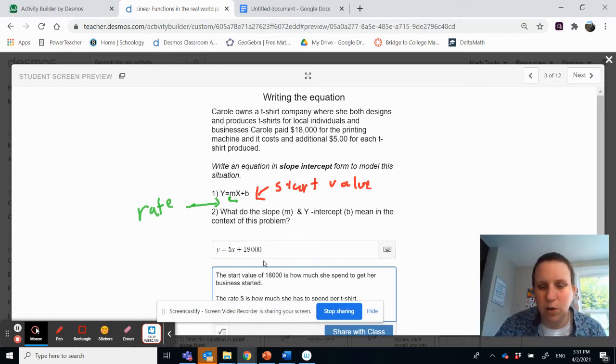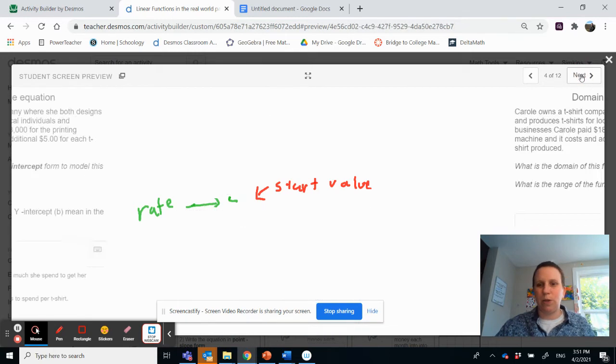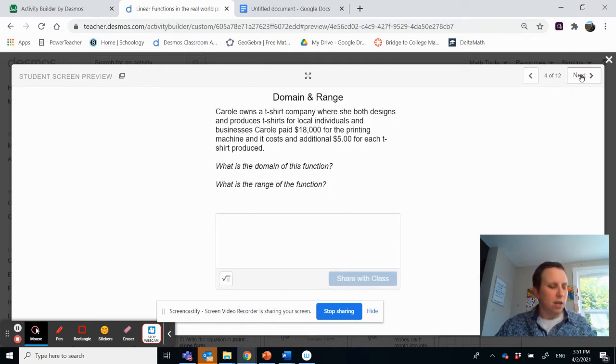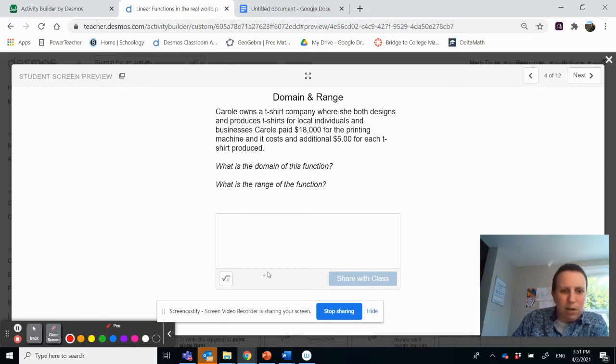So we're going to use this equation to make a graph. Before we do that, we're going to take one step back. We're going to think about the domain and range of this equation. Remember that domain is associated with x values. So these are all the realistic x values of a function. And the range is all the realistic y values.